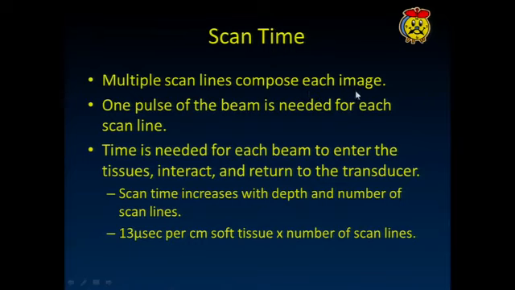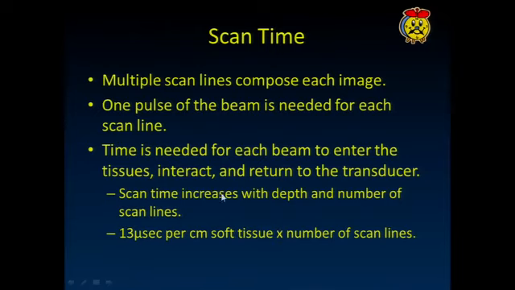Multiple scan lines compose each image, as we talked about. One pulse of the beam is needed for each of those scan lines, so the time needed for each beam to enter the tissue, interact, and return to the transducer determines how often we'll be able to update the image, right?